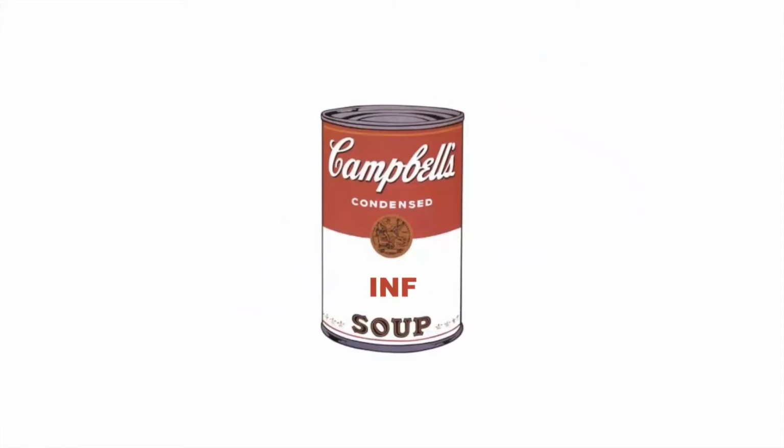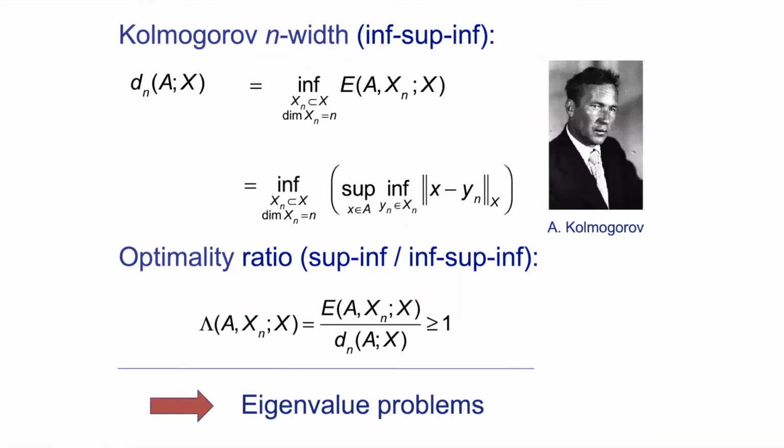Now, if you like inf sups, you're going to really like Kolmogorov n-widths because it gets to be even better. The n-width is the infimum over all n-dimensional spaces. You look for the finite dimensional space that is the best at producing the worst best approximation.